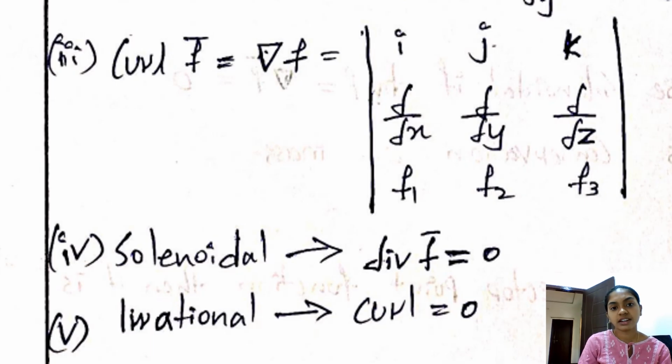Curl f = del × f = the determinant of i, j, k; ∂/∂x, ∂/∂y, ∂/∂z; f1, f2, f3. It is said to be solenoidal if the condition div f = 0. It is said to be irrotational if the condition curl f = 0.